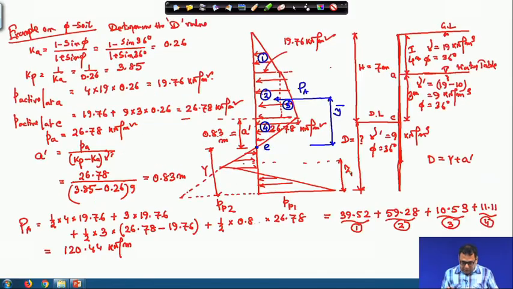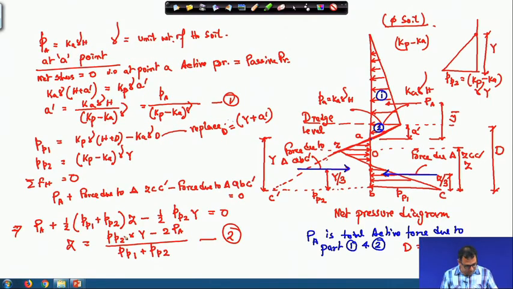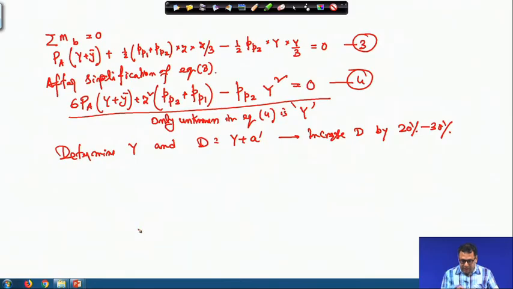So, as I mentioned that after simplifying this expression, this is the final expression. Okay. So, now I will use this final expression, and if you forget this expression, you can derive it by taking the summation of all the forces is 0. From there you will get the z expression, and from here summation of all the moment about the base is 0, you will get the final expression. So, I am using the final expression.